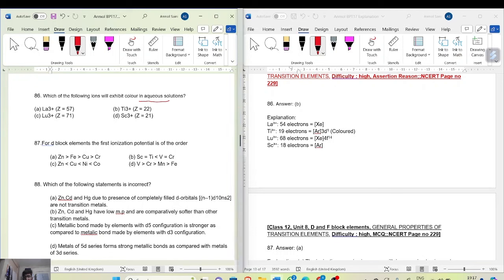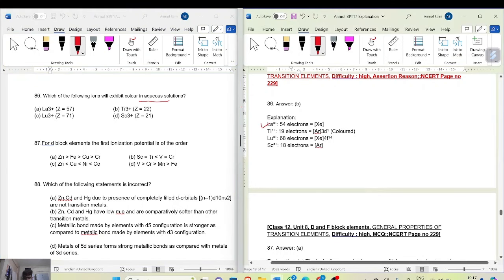For lanthanum 3 plus, we will have 54 electrons, so it is equivalent to the noble gas configuration of xenon. Similarly, for titanium 3 plus, we will have 19 electrons and one unpaired electron, so it will be colored.